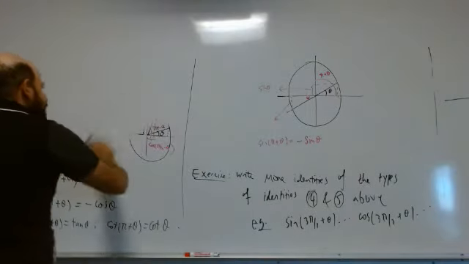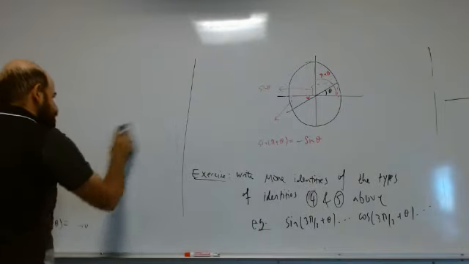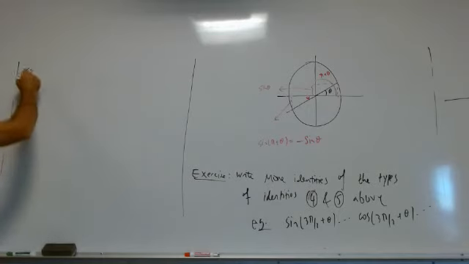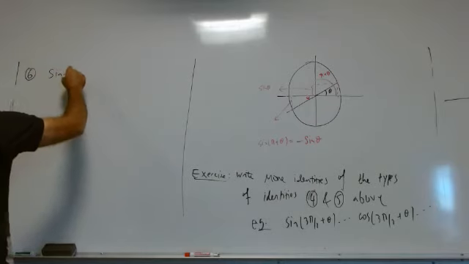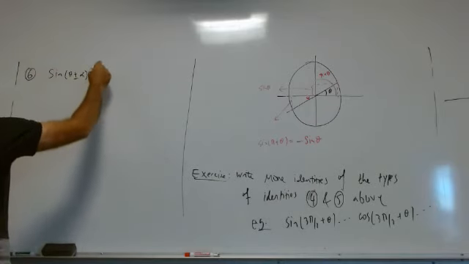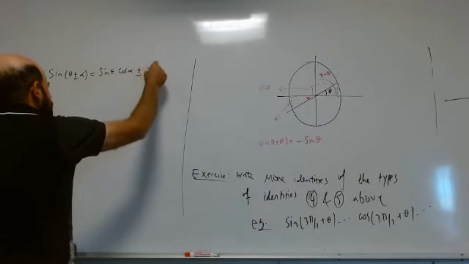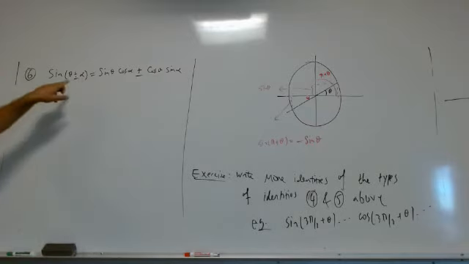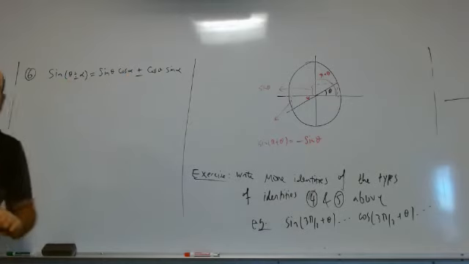But we still have some more identities. Let me say 6. For example, sine of theta plus or minus alpha. You saw that this is sine theta cos alpha plus or minus cos theta sine alpha. When I say plus or minus here and here, it means if there's a plus sign, you have to match it with this plus sign. If it's a minus sign, you have to match it with this minus sign.